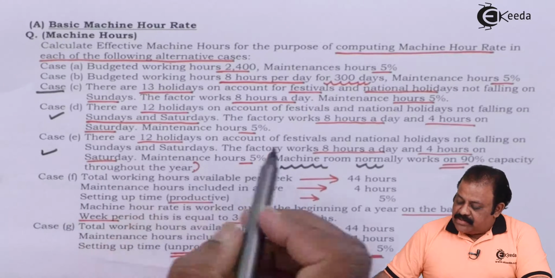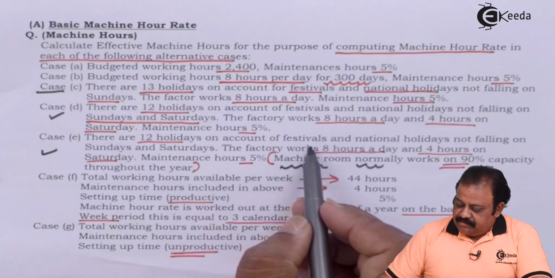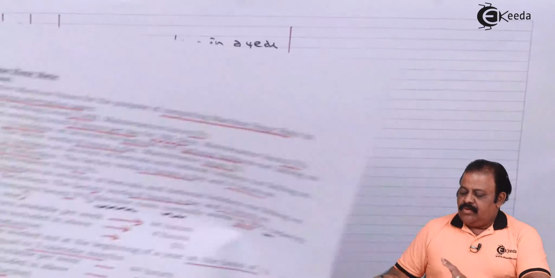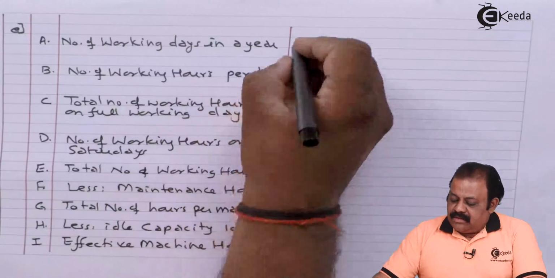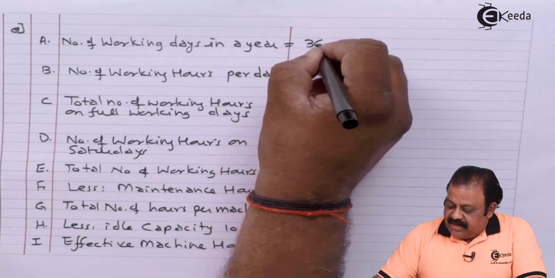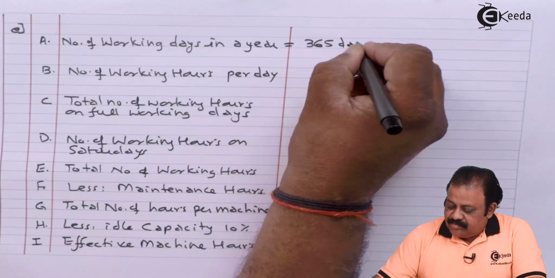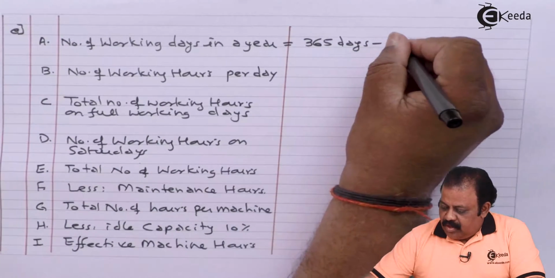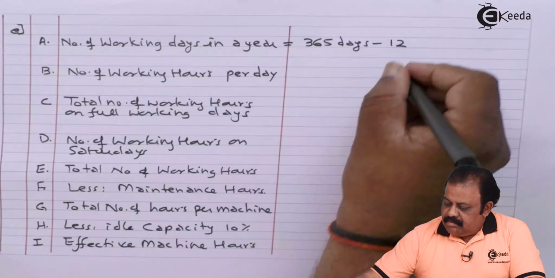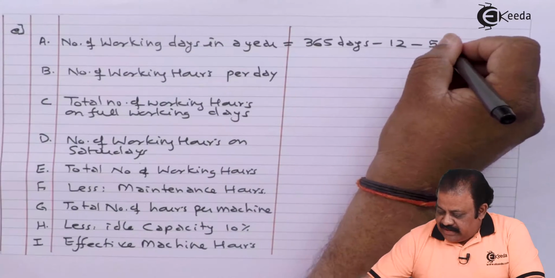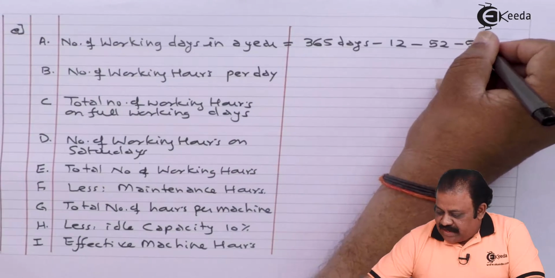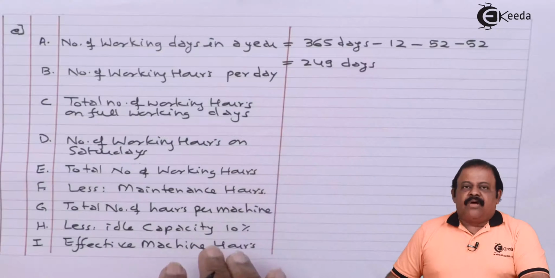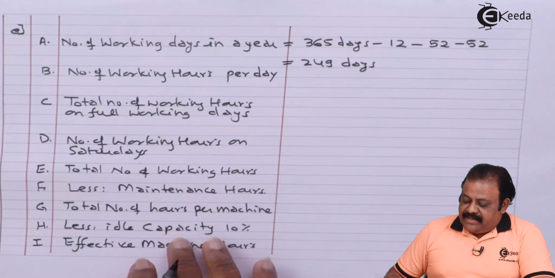There are 12 holidays due to festivals, and Sundays and Saturdays. So number of working days in a year: 365 days minus 12 holidays minus 52 Sundays minus 52 Saturdays. So number of working days, 249 days.